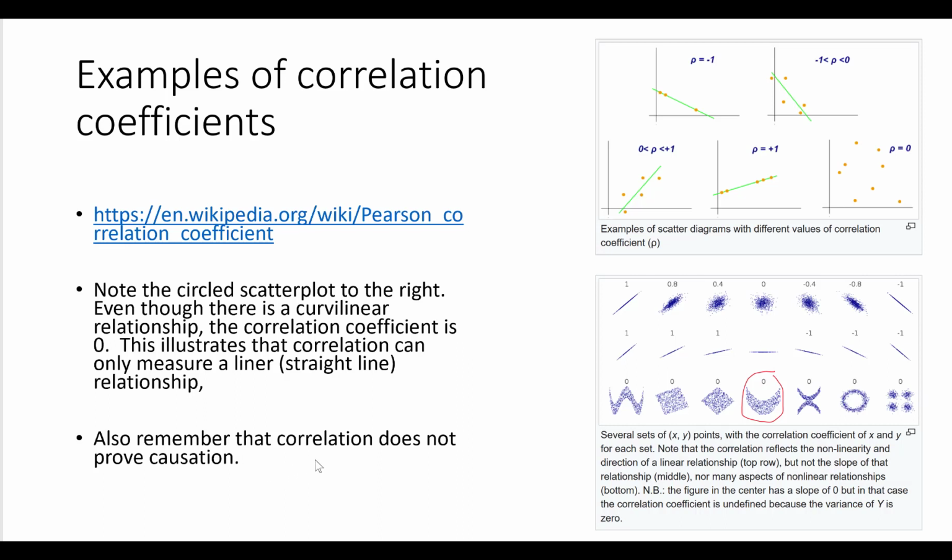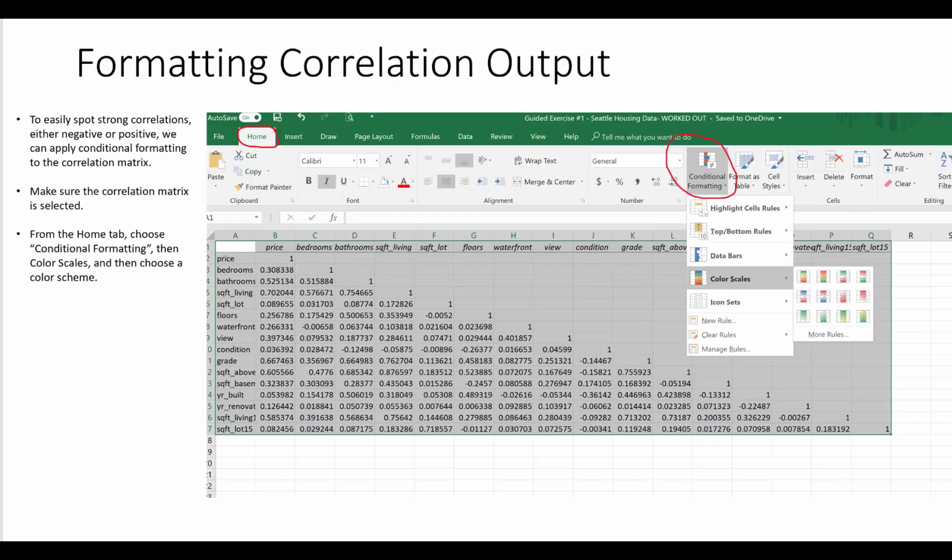Finally, most importantly, remember that correlation does not prove causation. It is just a formula that data is put into and a number is calculated. So we know what it measures, but it always has to be verified with some sort of scatter plot to make sure.